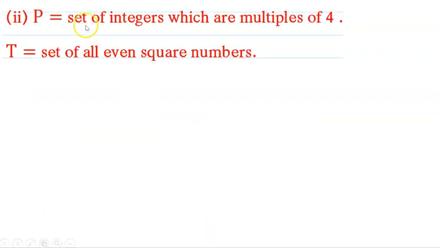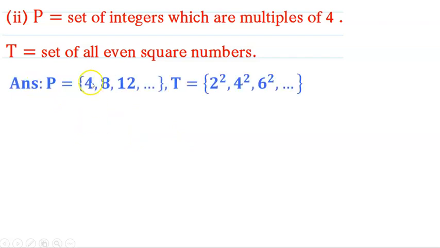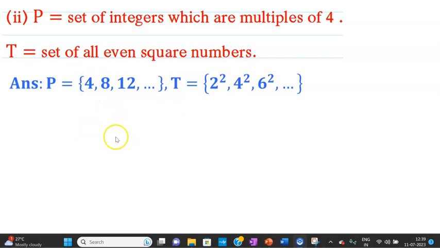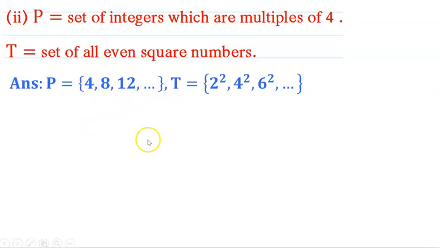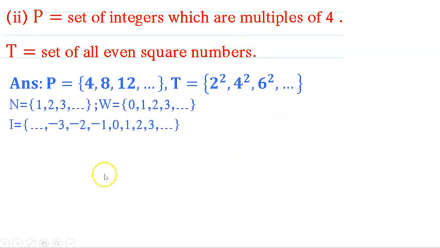Now the next, P is equal to the set of integers which are multiples of 4. T is equal to the set of even square numbers. P is equal to 4, 8, 12 up to infinity. हे सर्व multiples of 4 आहेत. And next, set of even squares means what? 2 raised to 2, 4 raised to 2, 6 raised to 2 up to infinity. Okay. Now again, N is equal to 1, 2, 3 up to infinity.